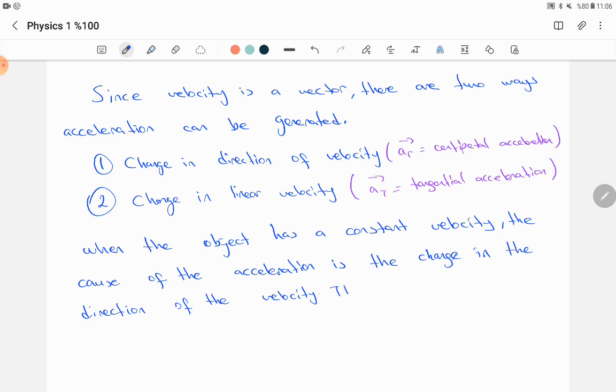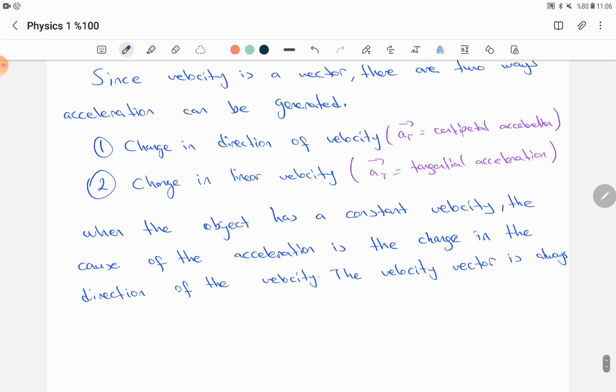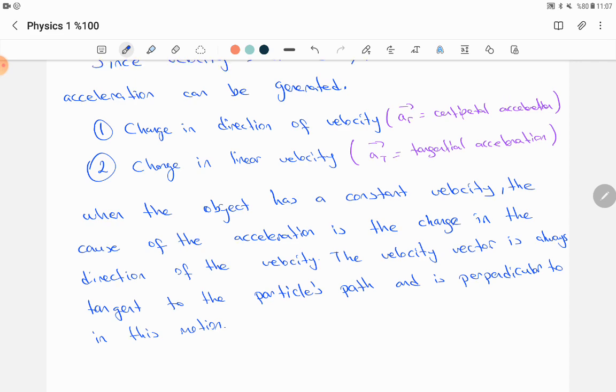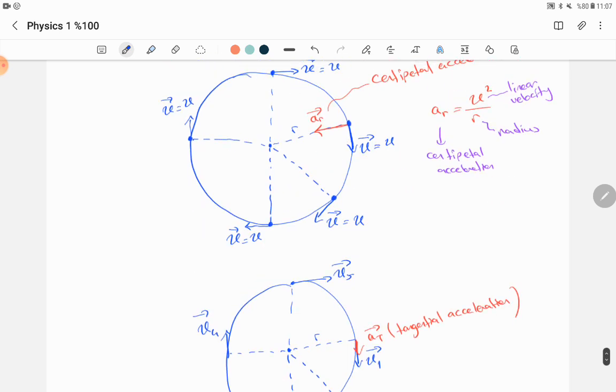The velocity vector is always tangent to the particle's path and is perpendicular to the radius in this motion.